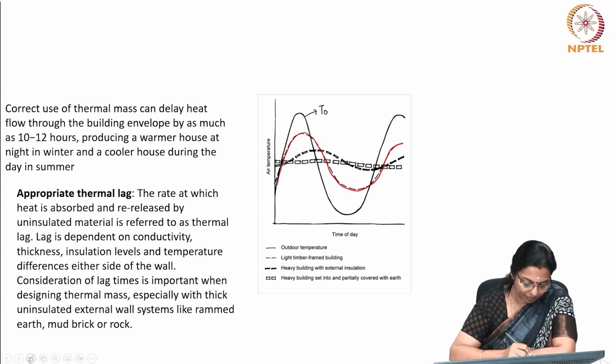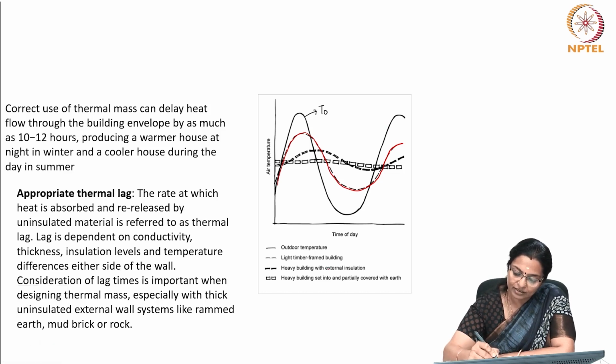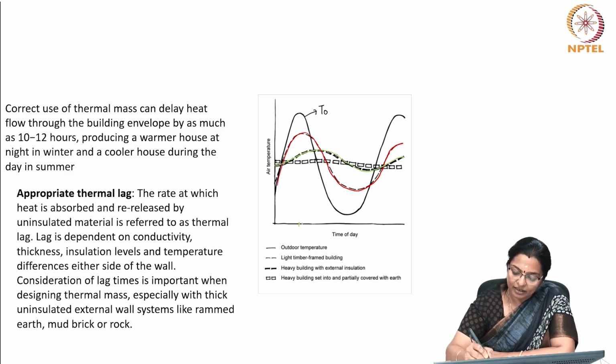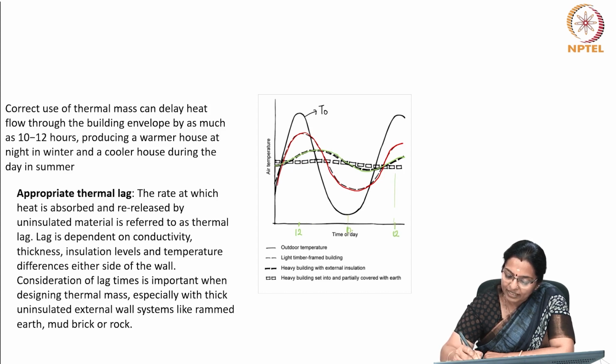Then you have a heavy building with external insulation. Now my guess would be this time would be somewhere around say 12 noon. Let us consider this as 12 noon, and this is the 12 noon of next day, and let us just theoretically consider this as midnight.